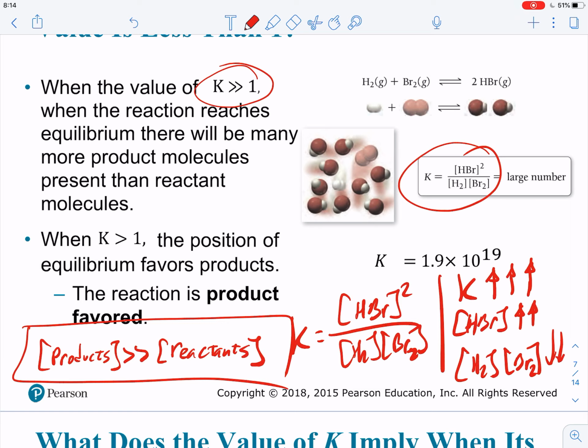We are interested in the position of the equilibrium, like in the first slide, that elephant and the mouse, in what position are they on that seesaw. That's what we are trying to determine by looking at the value of K. So first case, K is much larger than 1, and that corresponds to the case in which the concentration of products is much larger than the concentration of reactants.